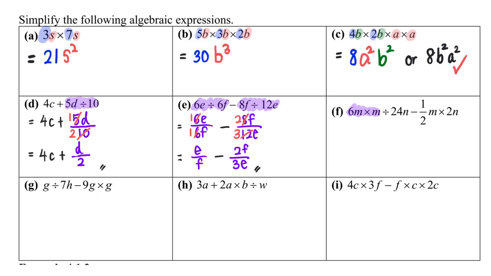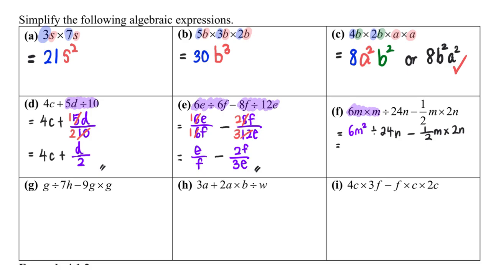So this one, I will do it slowly. 6m times m will give me 6m square, and I still have to divide by 24n, minus half m times 2n.